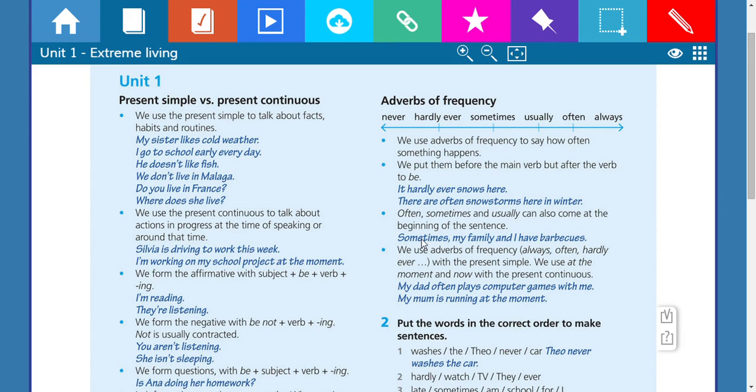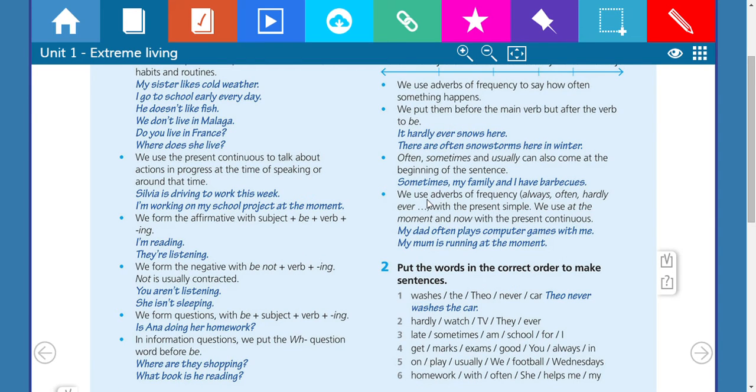For example, sometimes my family and I have barbecues. Or you can say, my family and I sometimes have barbecues. So sometimes could be here in a normal way or at the beginning. As I told you before, often and usually are named by the book.